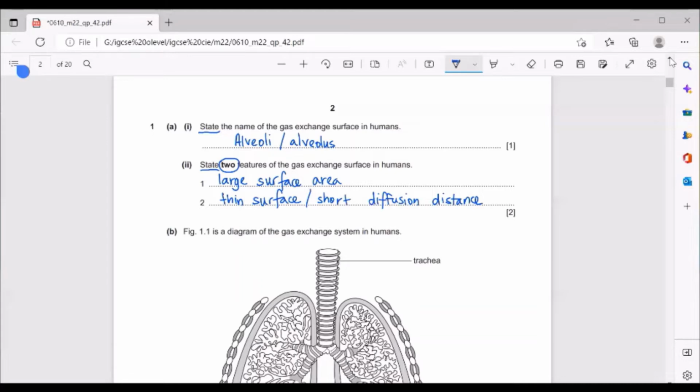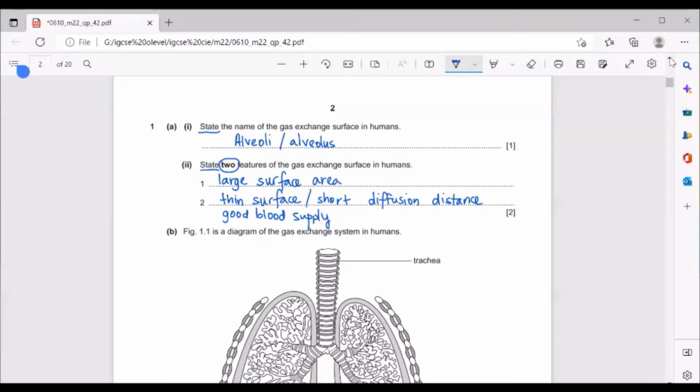Now, apart from these 2 points, other points that you can mention include good blood supply. The alveoli are surrounded by a rich network of capillaries, which provide a good blood supply.